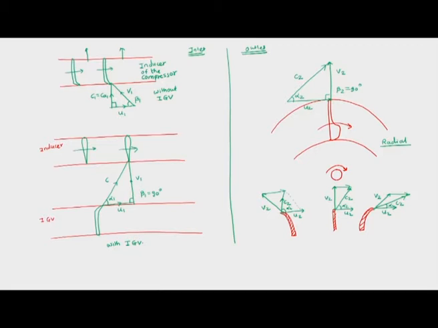Accordingly we can decompose it into the whirling component and the radial component of the absolute velocity.